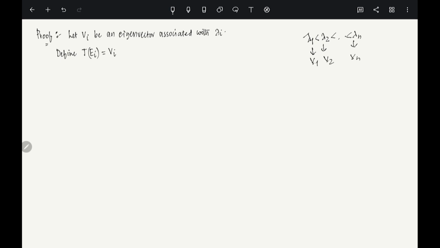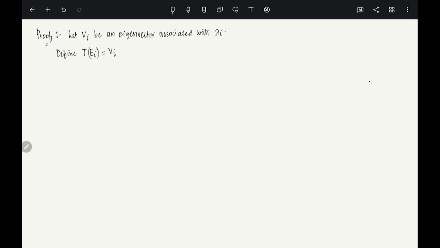So if I map E1, the first basis element, to V1, E2 to V2, En to Vn, then I have a one-to-one map, right? So this is a valid change of variable. That's what we're trying to do here.